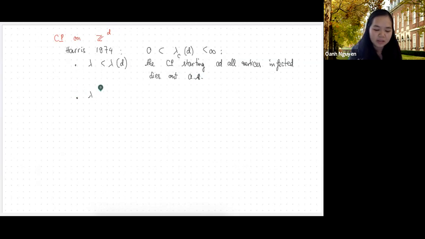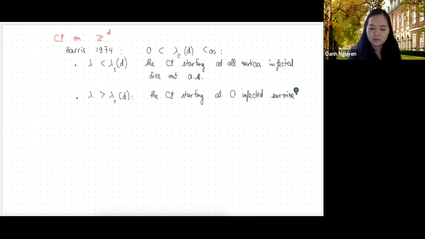Now, if lambda is bigger than lambda_c, then the contact process, even if we start with only one vertex, let's say the origin infected, will survive forever with positive probability. And so that's for the contact process on Z^d.